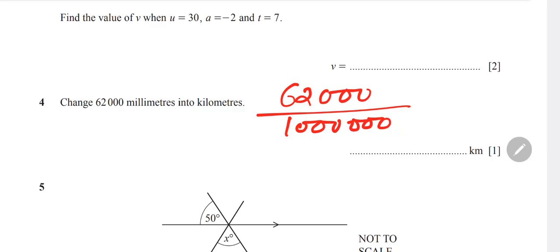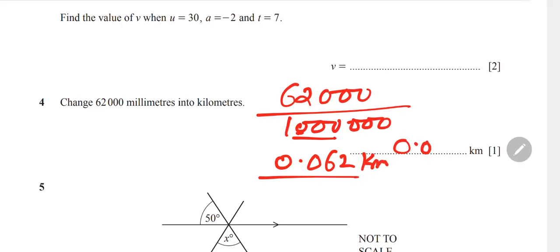Here 1000, so two places, one more zero is here. So 0.062 kilometers. So the answer will be 0.062 kilometers. Okay. Now move to the next question.